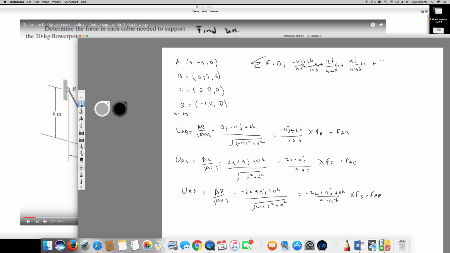Then I add negative 2I over 4.47 FD, plus 4J over 4.47 FD, all together.